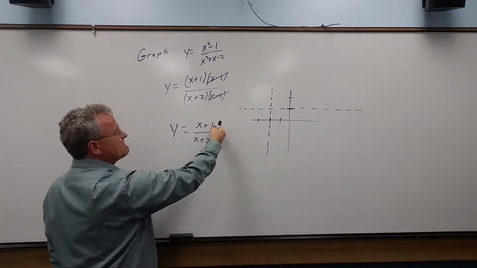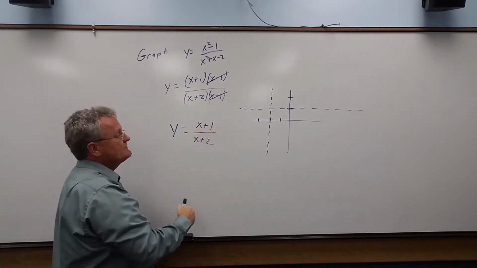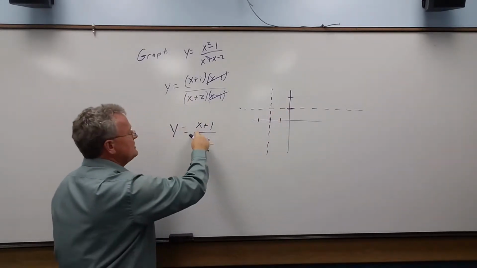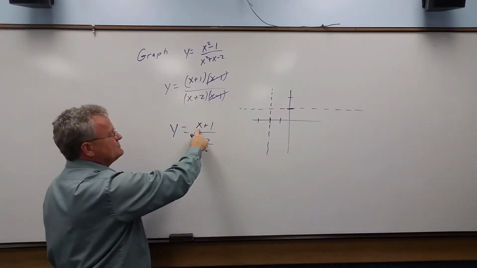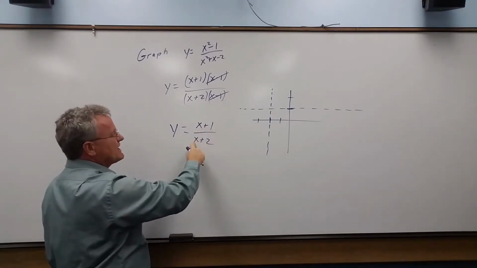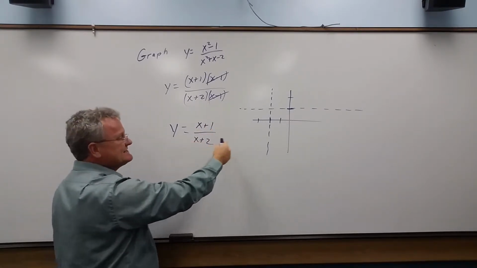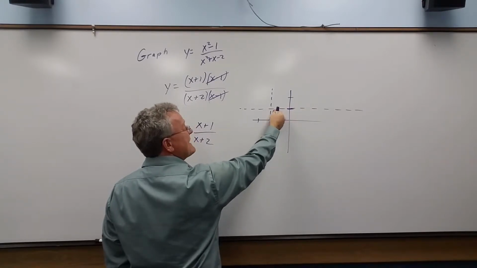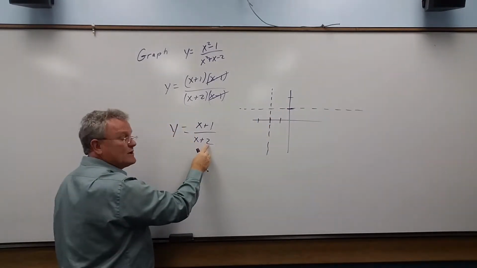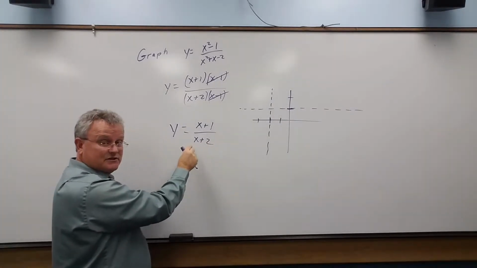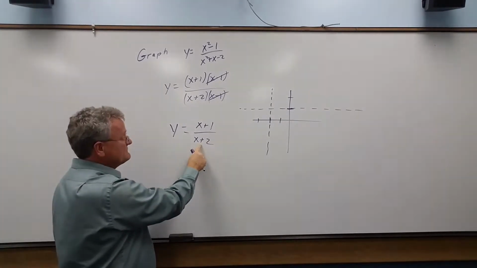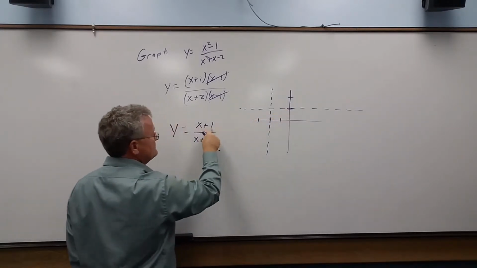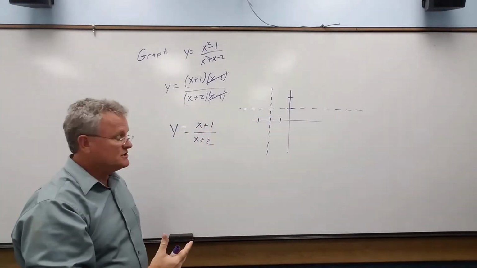Well, as we approach -2 from the right, we basically get (-2 plus 1) over -2, but we're a little more than -2, like -1.9, -1.999. When you add 2 to that, you're going to get a small positive number in the denominator. The numerator is approaching -2 plus 1, that's approaching -1.